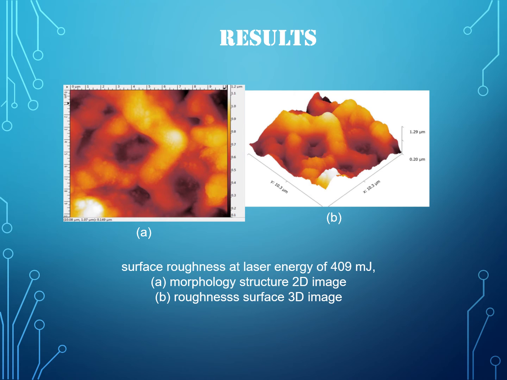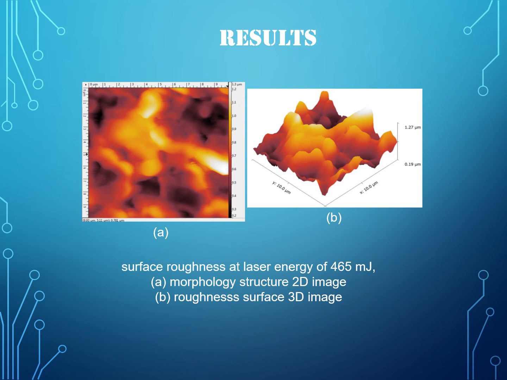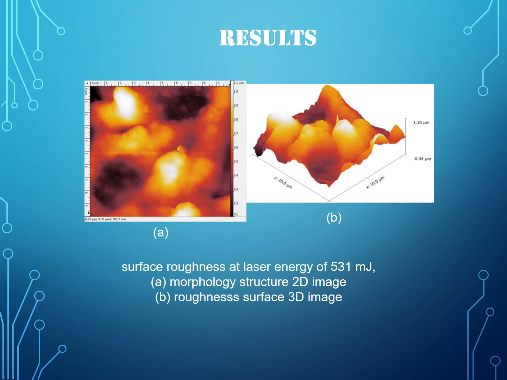The figure also shows the surface roughness at the laser energy of 409 millijoule, and at 465 millijoule, and at 531 millijoule, where in each case Figure A shows the morphology structure on 2D image, while Figure B shows the roughness surface on 3D image.